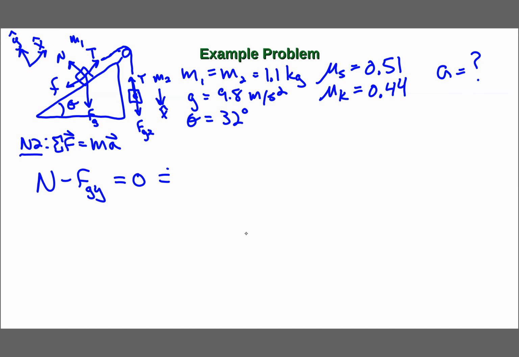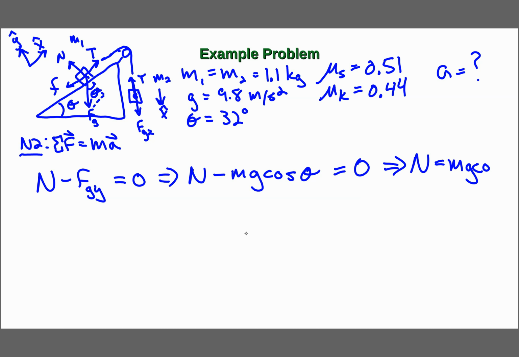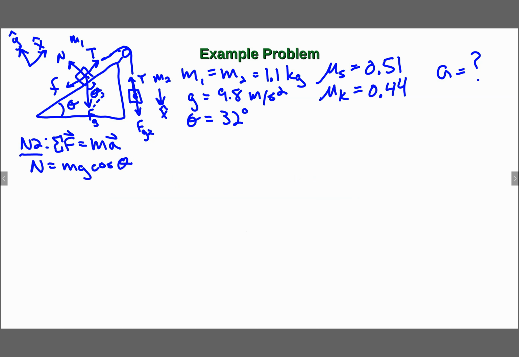And so that tells us that the normal force minus mg cos theta, and remember, if we break this down into components, this angle right here is still theta, equals 0. And so therefore, the normal force equals mg cos theta. Okay. So the y direction allowed us to solve for the normal force.